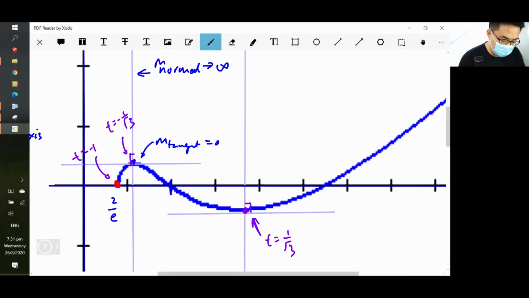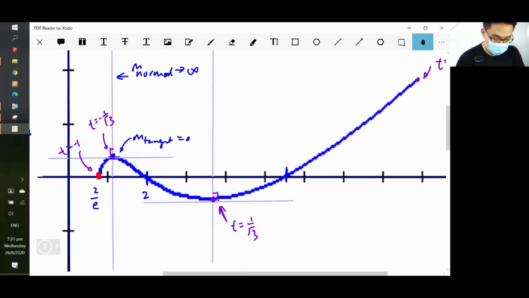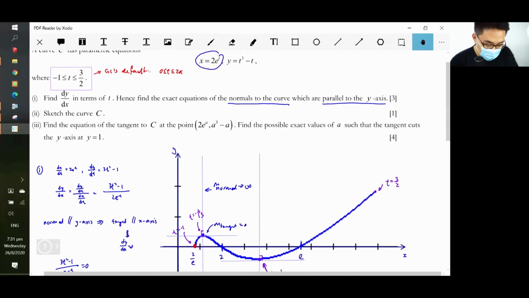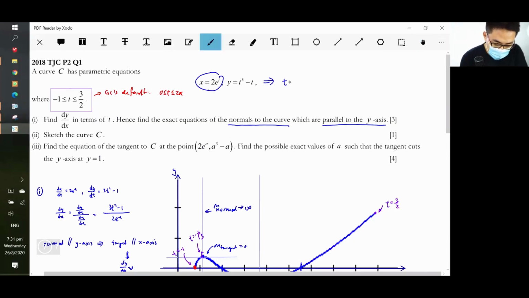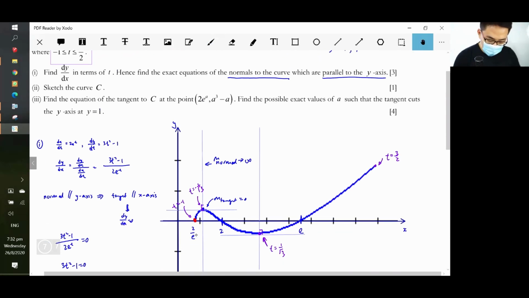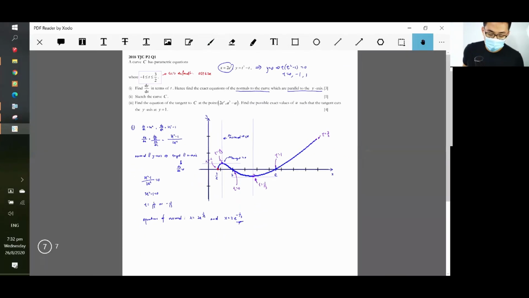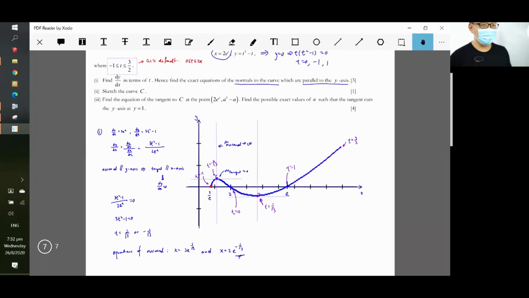This one here is 2, and this one here, we did this last week, where basically we find this by finding y is 0, t(t squared minus 1) equals 0. So t is 0, minus 1 and 1. So this is t minus 1. This is t 0. This is t 1. Okay, there you go. That's how we do it. I think this is pretty okay.